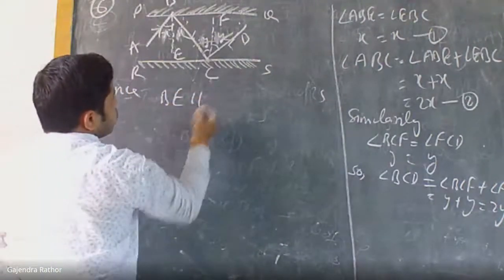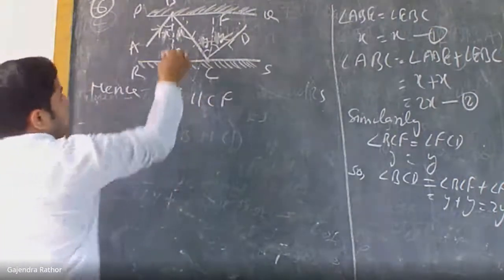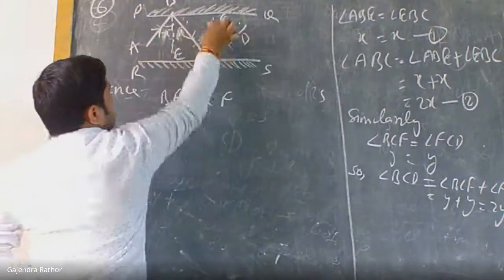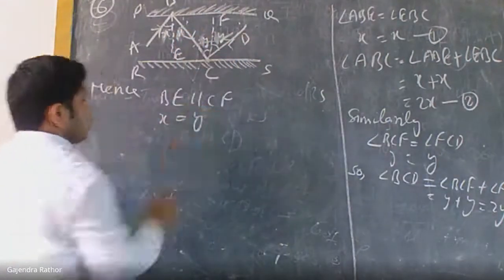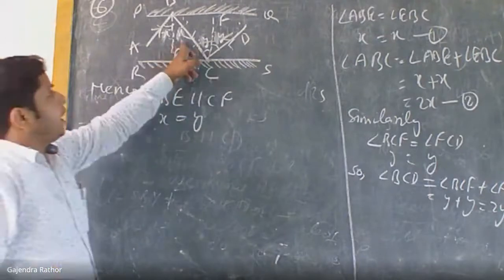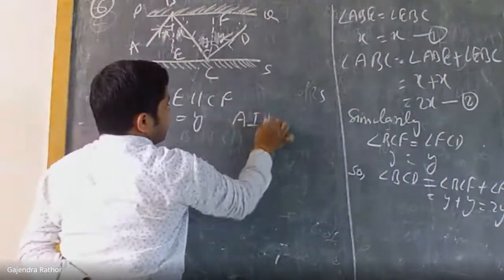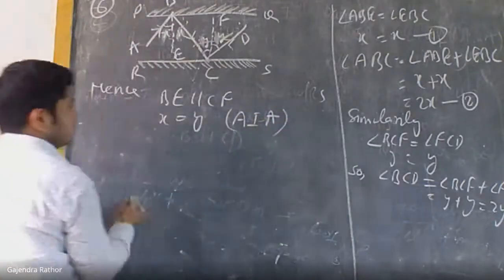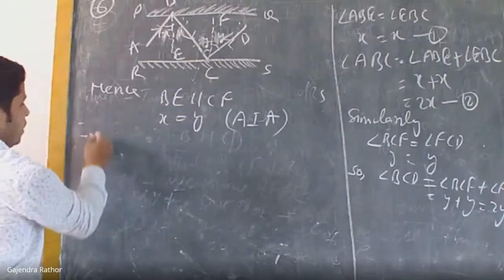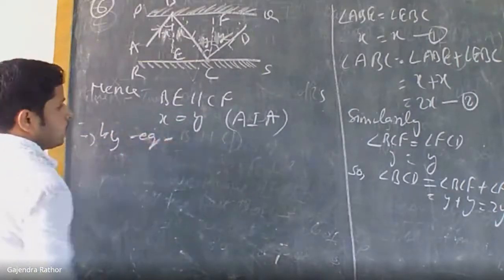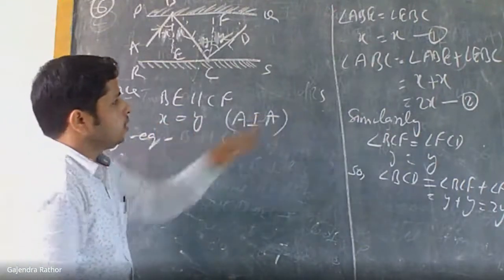So hence BE is parallel to CF. Now, if they are parallel, angle X is equal to angle Y. Why are they equal? Because this angle and this angle are alternate interior angles. X is equal to Y. Now, put the value of X in equation number 2.